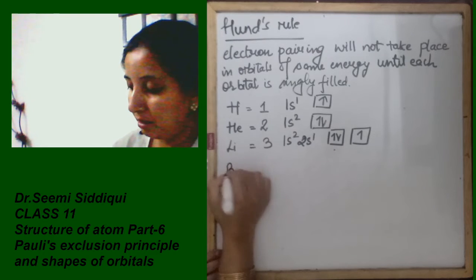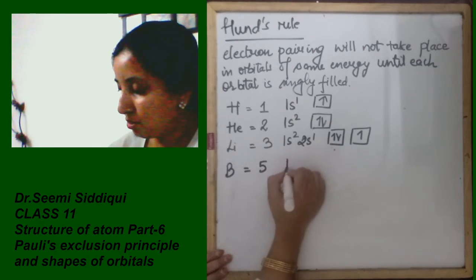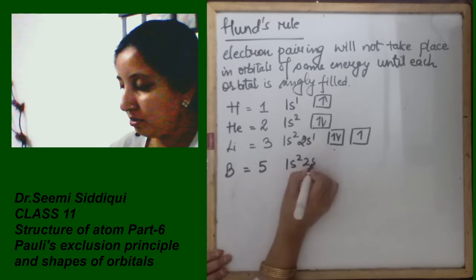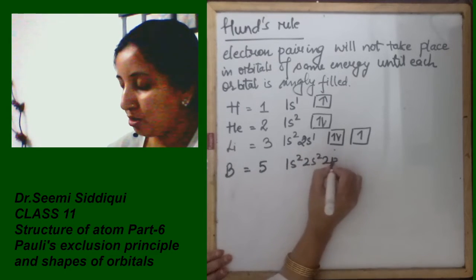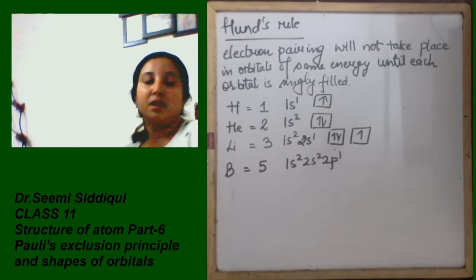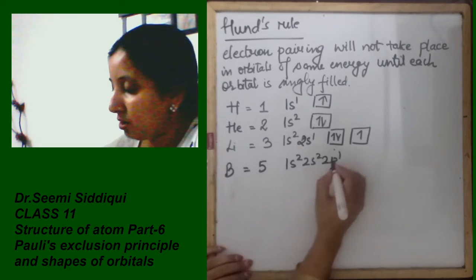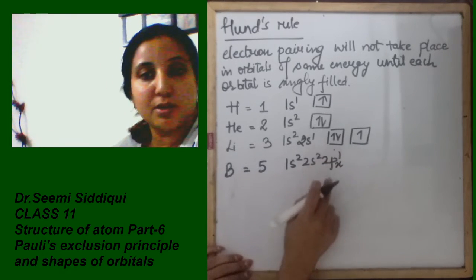Let's look at boron. Atomic number is 5, so it is 1s2, 2s2, 2p1. When the p orbital comes, so at first comes your which one? X. So you can write down 2px1.